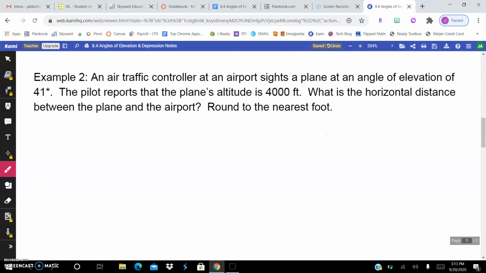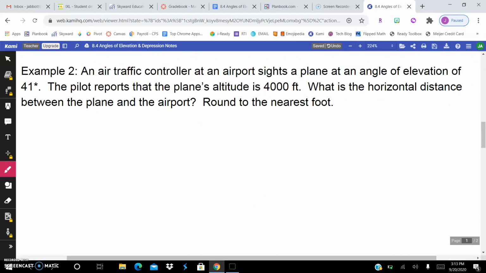For example 2, an air traffic controller at an airport sights a plane at an angle of elevation of 41 degrees. So here's our traffic controller, and here is our plane. And it says that the angle that's formed here is 41 degrees.